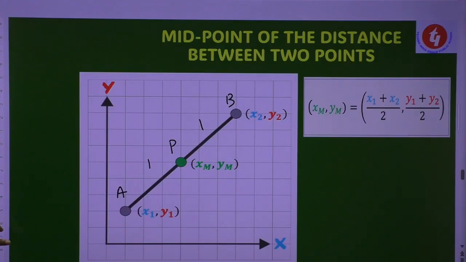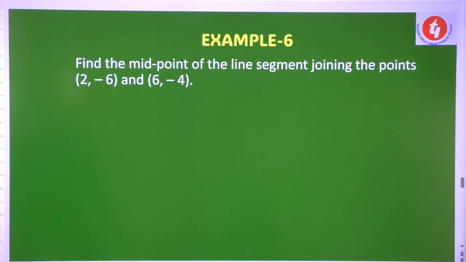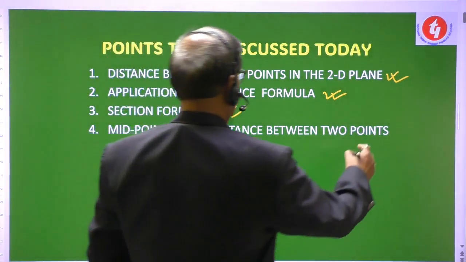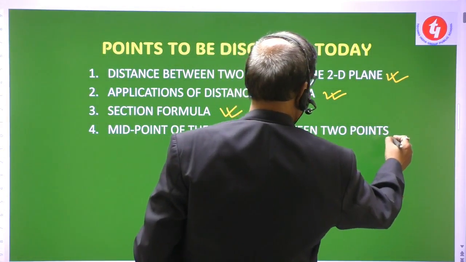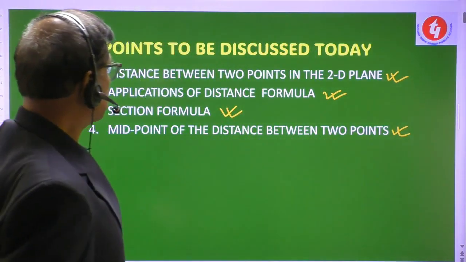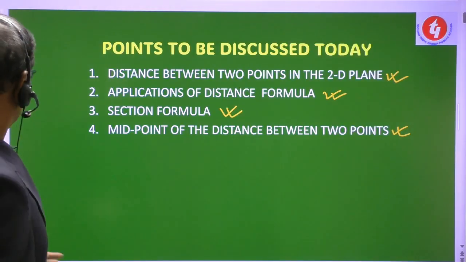Now I'll solve example number 6. The midpoint of the distance is completed, that is 4 points already finished.